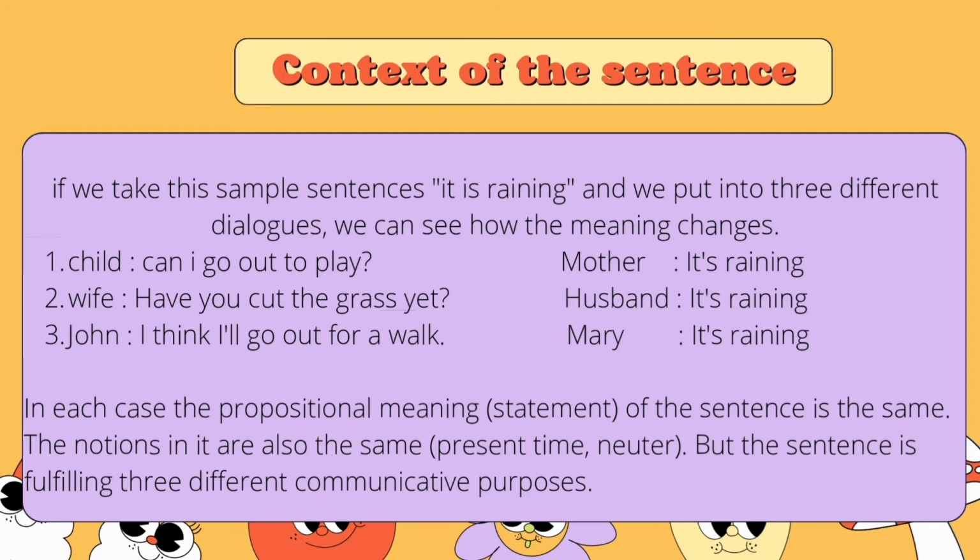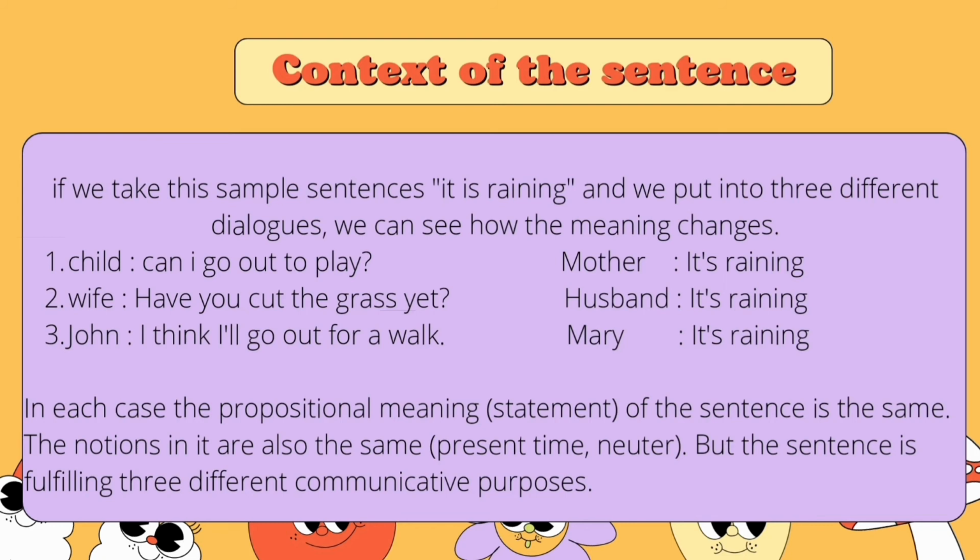Okay, next, factors. The meaning of these same sentences changes with the different contexts. This change is brought about by two factors. Number 1 is the sociolinguistic context: who is speaking to whom and why.